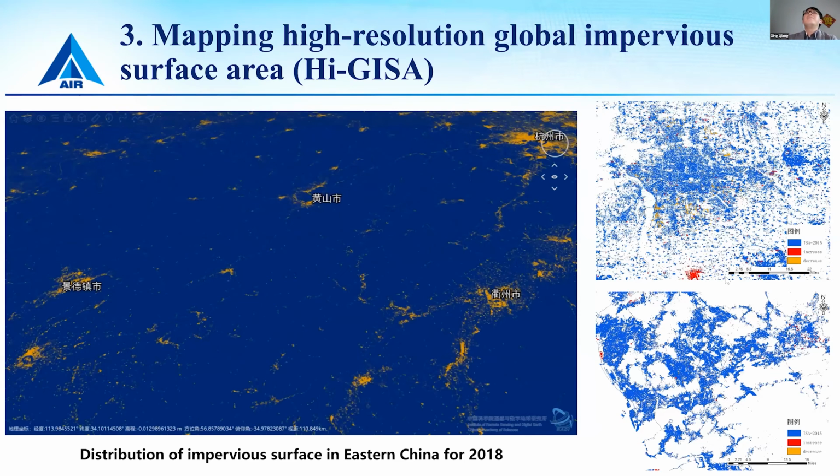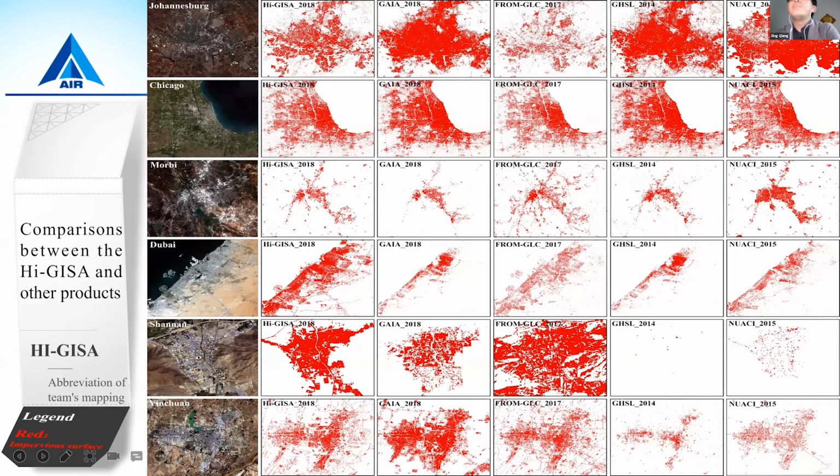And here is the comparison between our HGISA data and some other data in the world, such as GAIA or from GLC or GHSL or NUACI, just some other data. We make some comparisons in some cities. The left one is our data. The fourth one on the right is the other product.